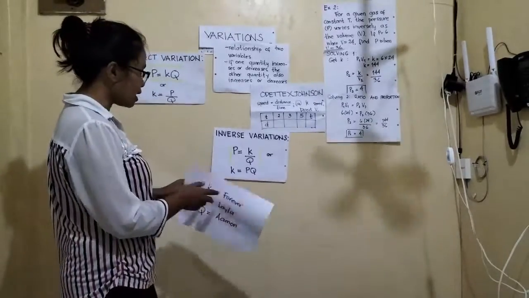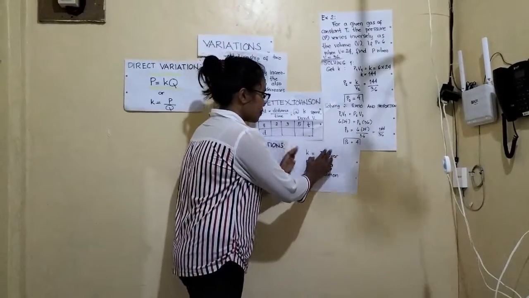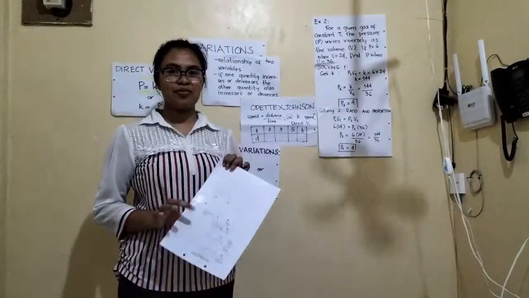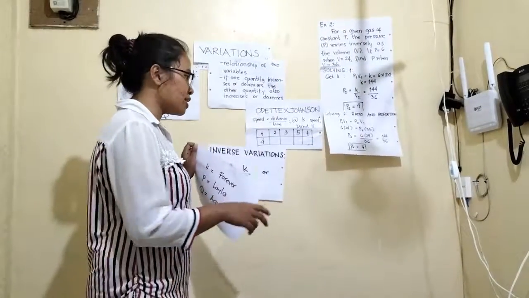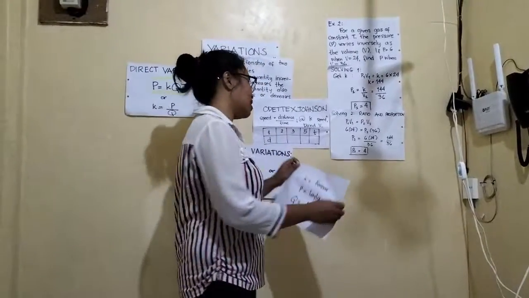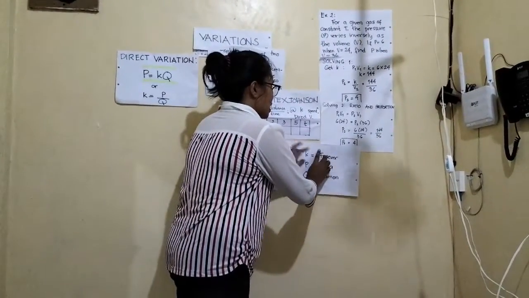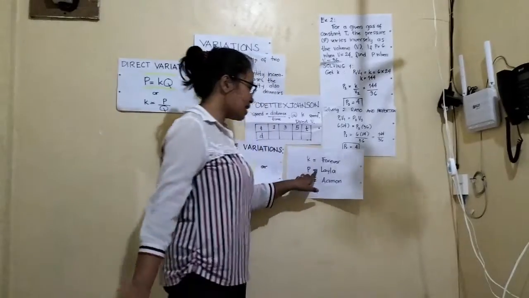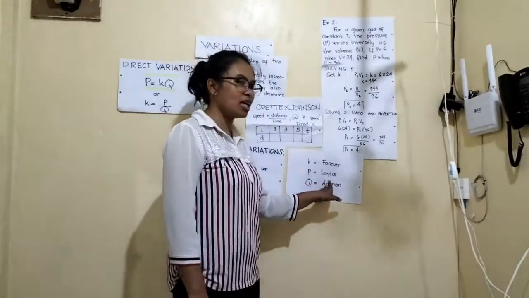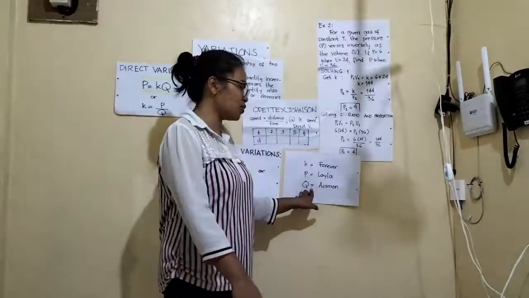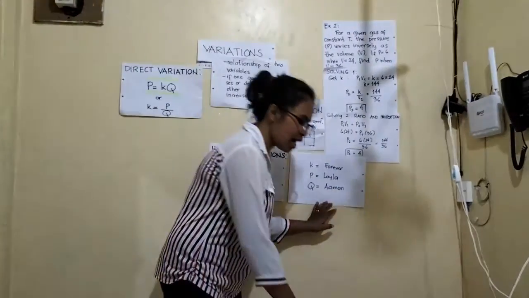So, in order for us to better understand what we are discussing today, let me make it simple. Let K be forever. Then P is equal to your classmate Layla and Q is your classmate Amon, right?